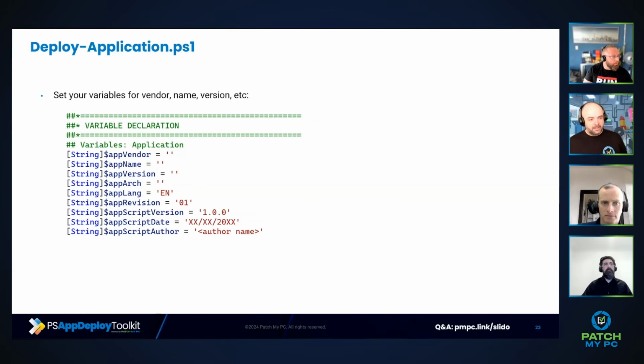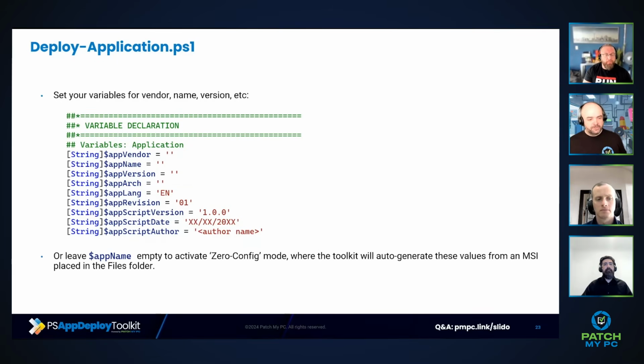Worth mentioning, a feature that many might not know about or have used: if you leave the app name empty, it'll activate a zero config mode where the toolkit will just grab these values from the MSI that it finds in the files folder. It will use that name in the pop-ups.